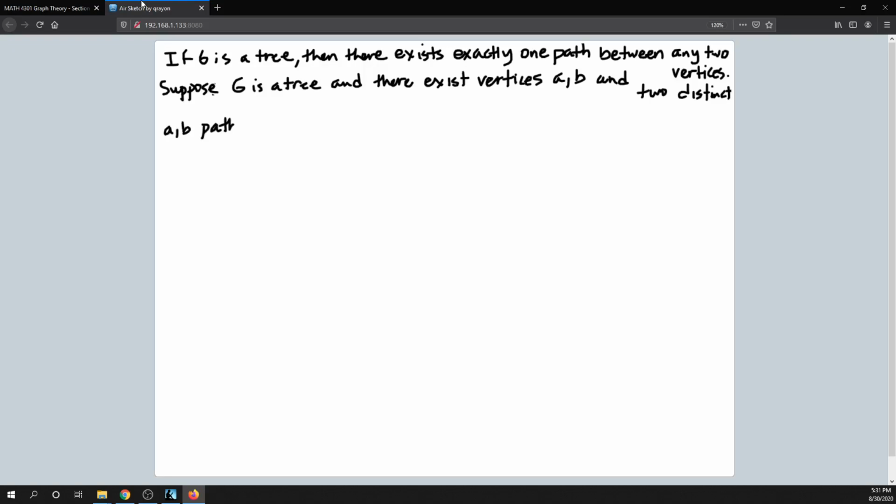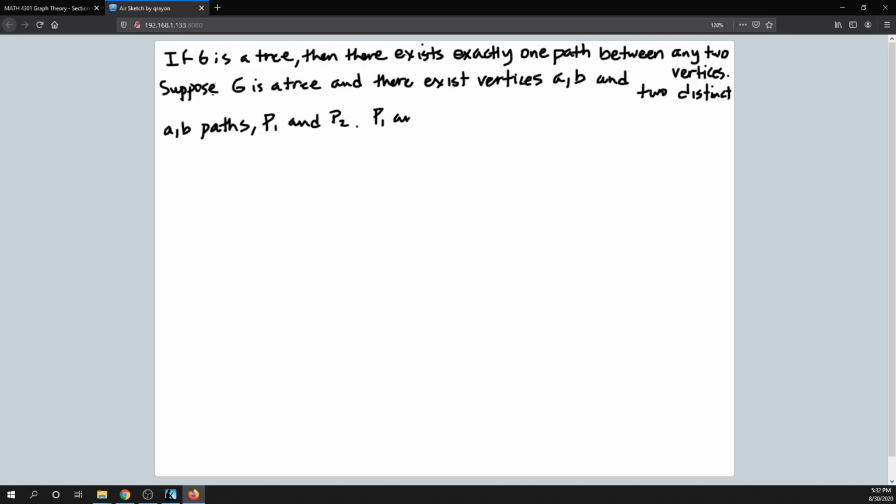I'll call one P1 and the other P2. They are different paths, right? P1 and P2 are distinct paths.